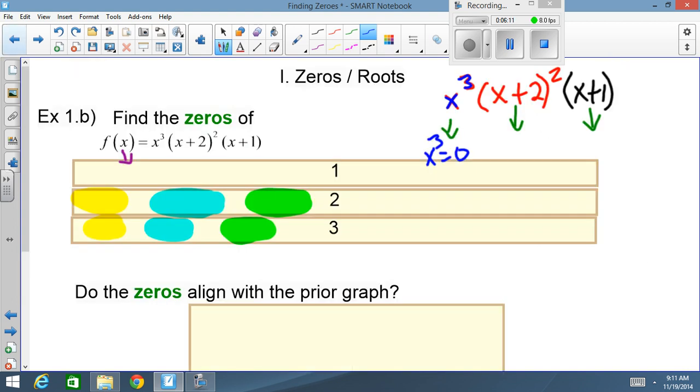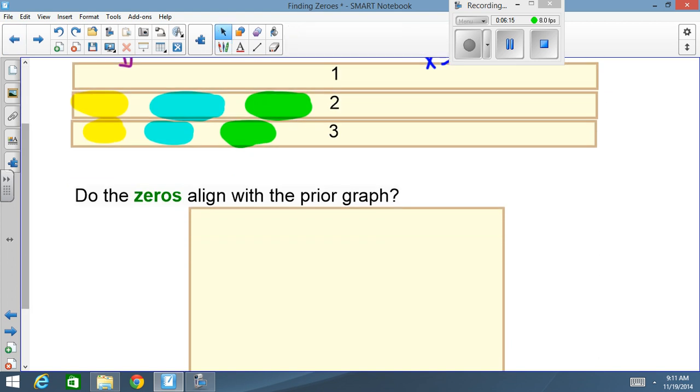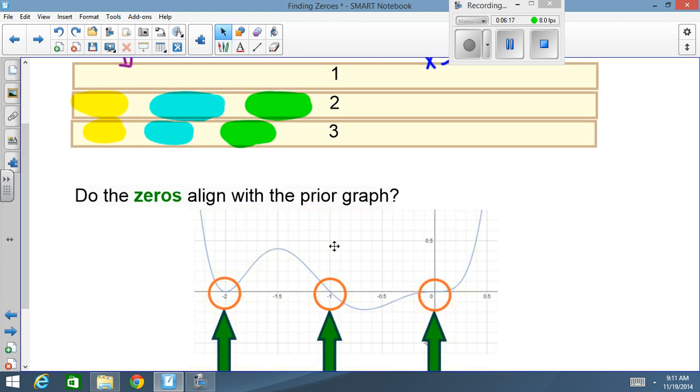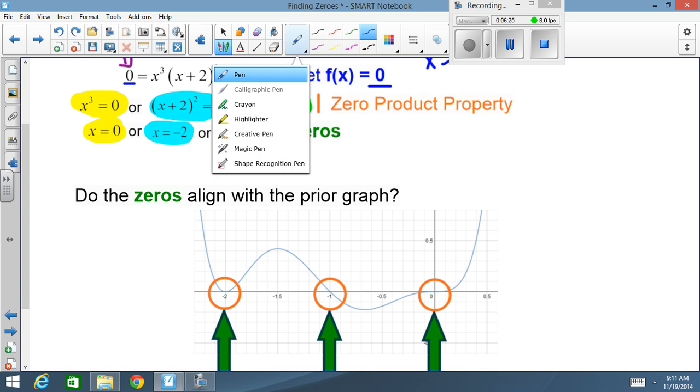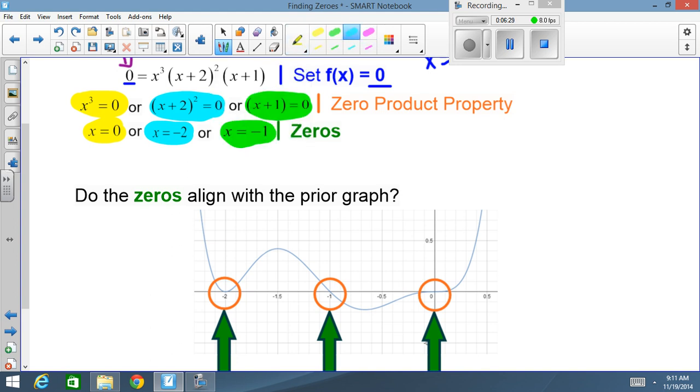If I go back to my previous example and I look at this graph, notice, let me open these up. See the blue part? The blue part up here was x plus 2 squared. So for my zero of negative 2, notice that it bounces off and goes right back up.